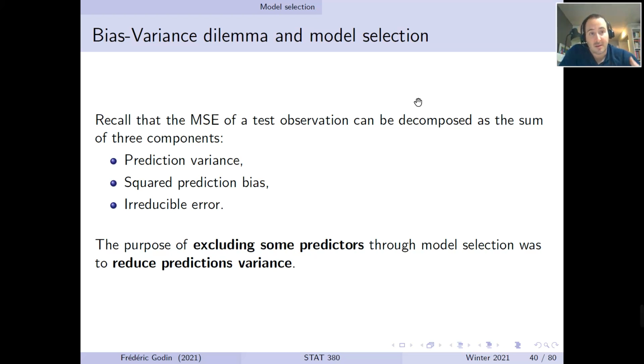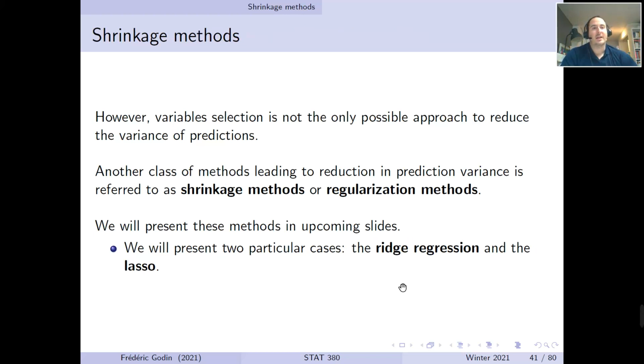But in this video, we're going to see another method which is meant to reduce prediction variance, which does not necessarily rely on simply eliminating irrelevant predictors. We're going to introduce what we call shrinkage methods, or sometimes also called regularization methods.